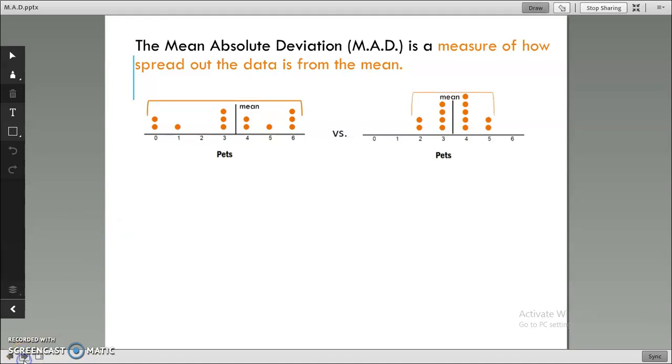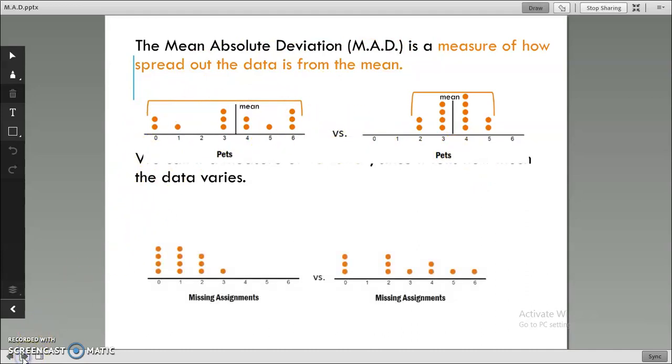And here's the mean for the second group, and there's the spread. So the mean absolute deviation tells us how far the data is from the mean on average. So basically this talks about the variation. So mean absolute deviation talks about how the data varies.